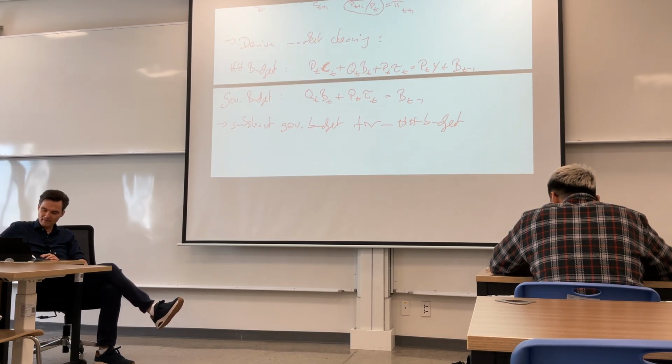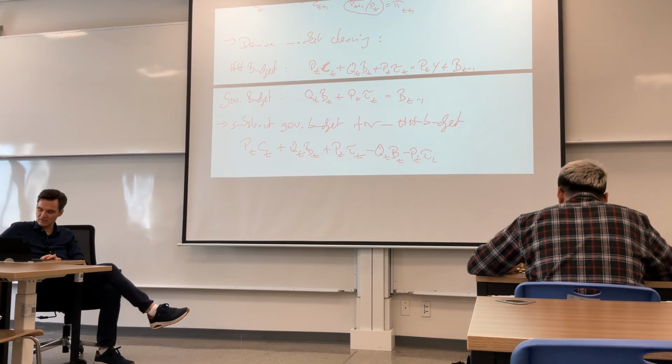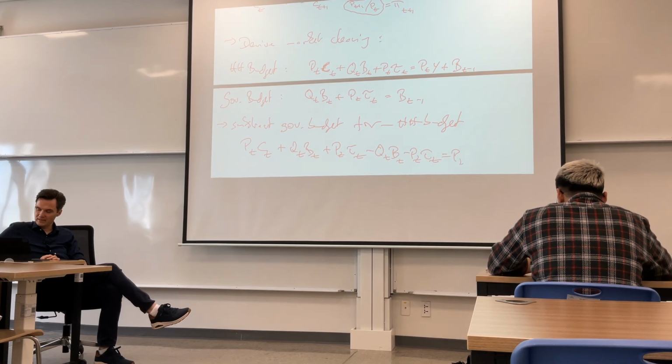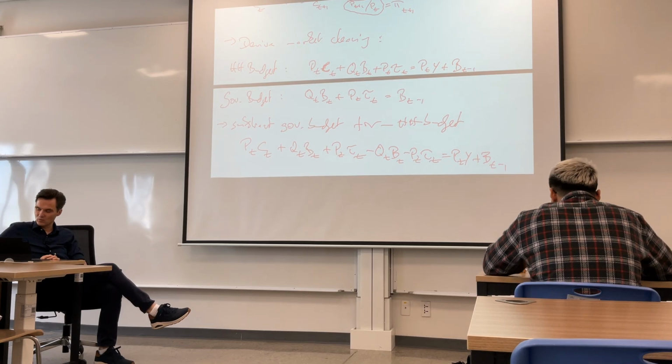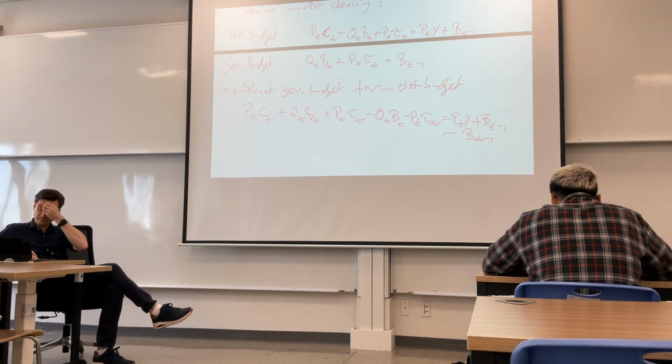That gives us PT times CT plus QT times BT plus PT times tau T, the left-hand side of the household budget, minus the left-hand side of the government budget, QT times BT minus PT times tau T. That is equal to PT times Y plus BT minus 1, minus BT minus 1.